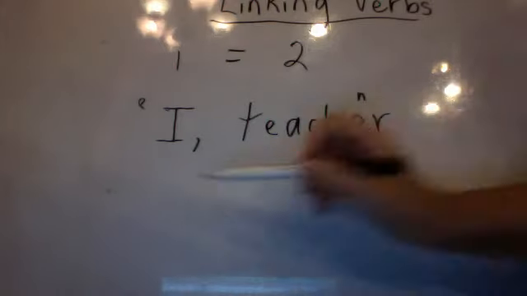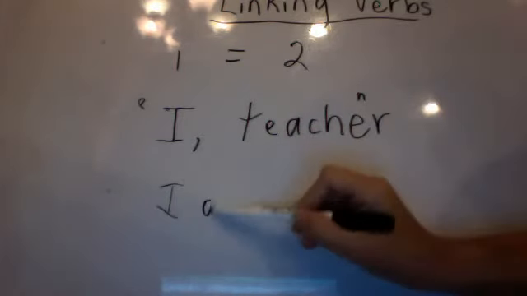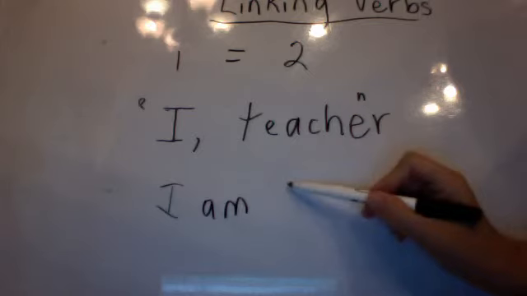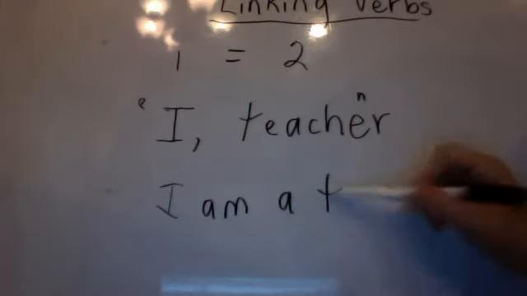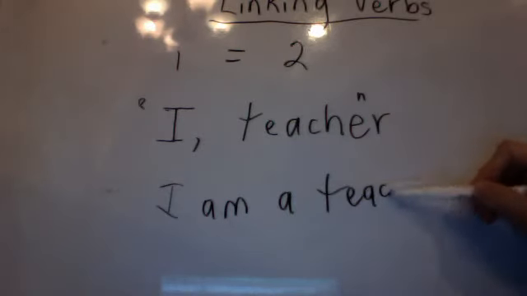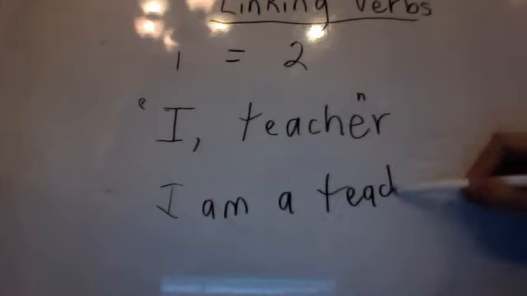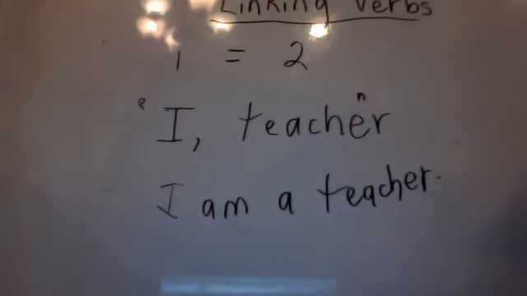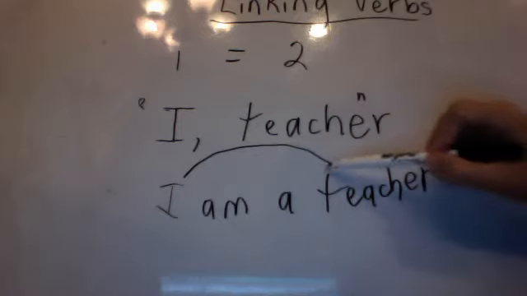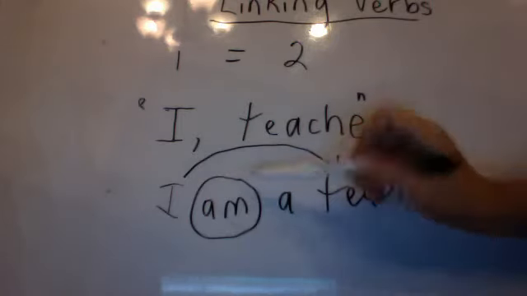We can make a sentence. I am a teacher. Sorry for my handwriting. I'm trying to do it sideways. Okay. I, teacher. This is our linking verb.